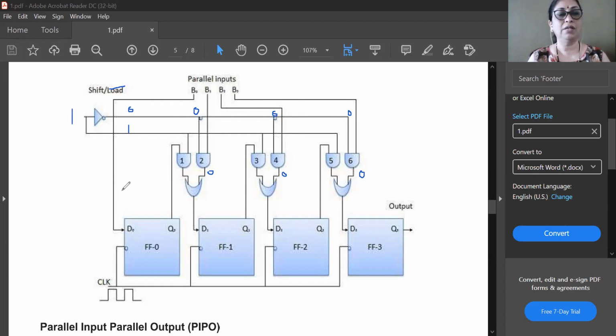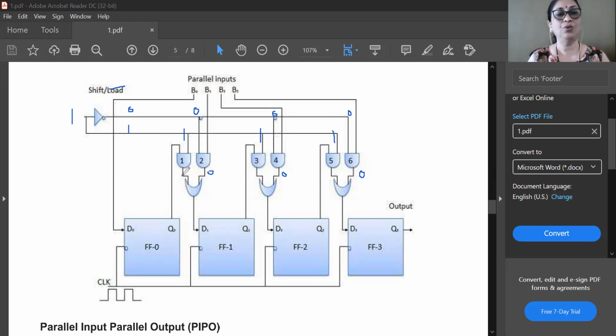Okay, now let us see what happens when this lower line is at logic 1. You can see this is applied as input to AND gate number 1, AND gate number 3 and AND gate number 5. So one of the inputs of AND gate number 1, AND gate number 3 and AND gate number 5 is held at logic 1 level. Then the inputs of AND gate number 1 will be 1 and Q0.